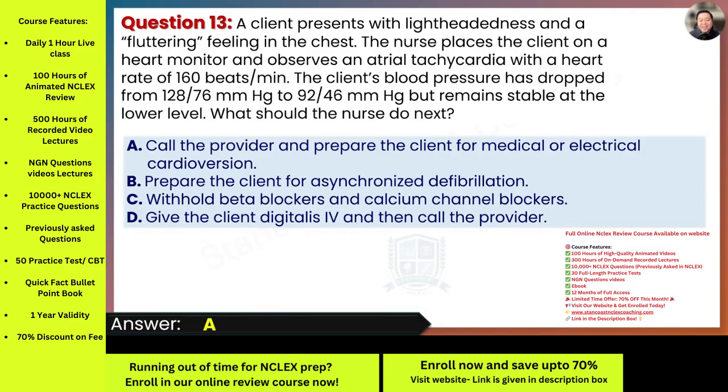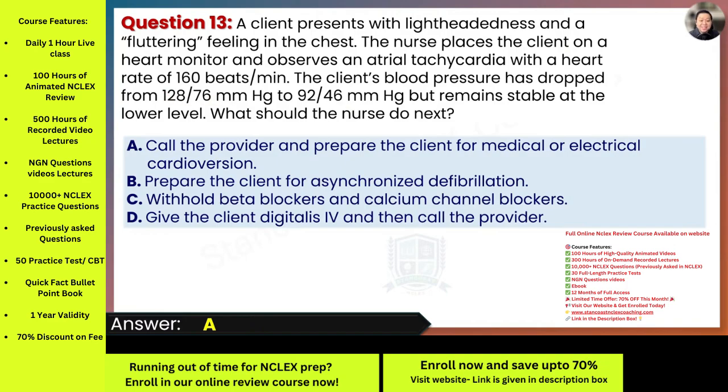Now, in this case, the client is presenting lightheadedness, which is a classic manifestation of this rapid heart rate, and also reported a fluttering feeling in the chest, and a heart rate of 160 beats per minute due to the atrial tachycardia. Also pay attention to the blood pressure of 92/46, right? This is a huge drop from the original reading of 128/76.